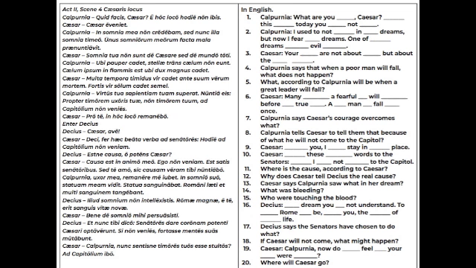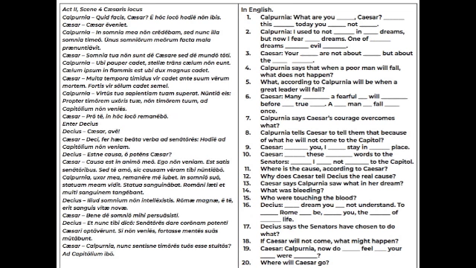So Decius says, "Est causa, O potens Caesar?" Is there a cause, O powerful Caesar? And then Caesar says, "Causa est in animo meo." The cause is in my spirit, or my mind, or my will, but it's in my spirit, right? It's inside me.